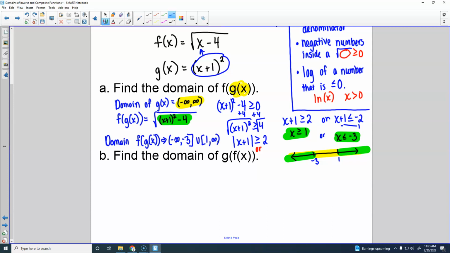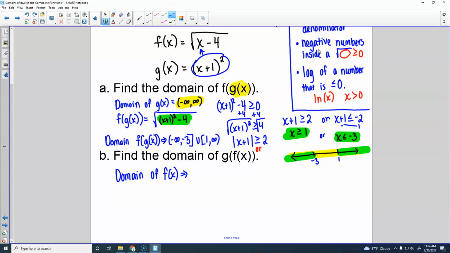So, g did not offer us any restrictions for this. Basically, I just had to look at what I got when I did f of g of x. But if we look at g of f of x, it's going to be different. Okay? So, for f of x, our domain of f of x, right? That is our inside function for g of f of x. I've got the square root of x minus 4. That is a square root.